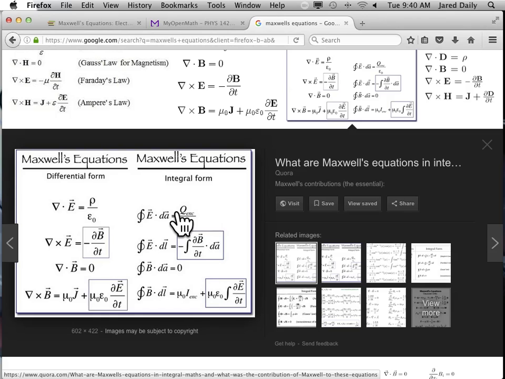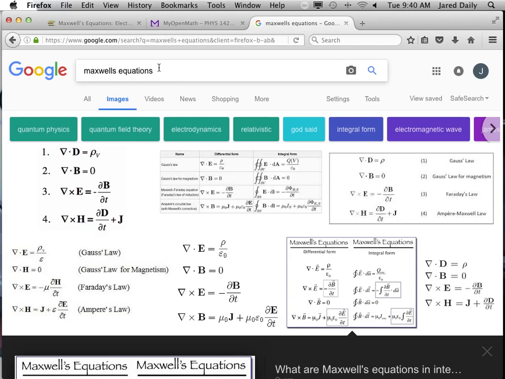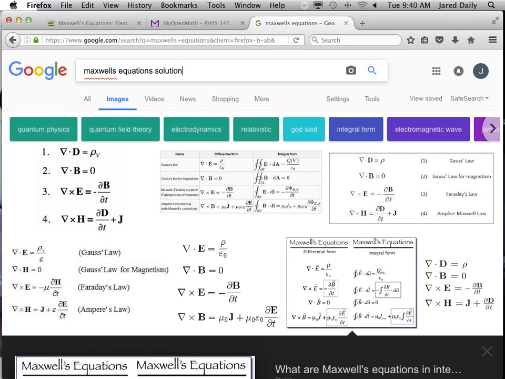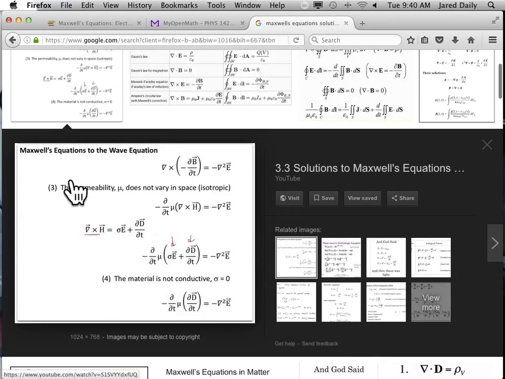And when you do solve it, you get a solution that looks kind of interesting. The solution that you get looks like this, or this, either way.